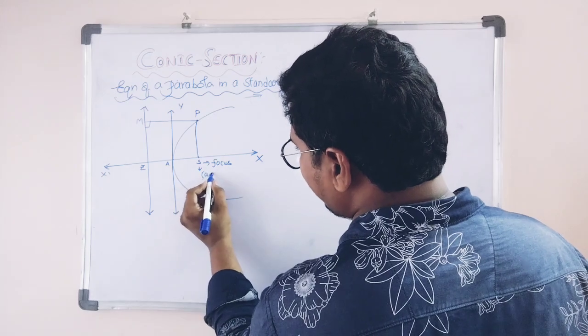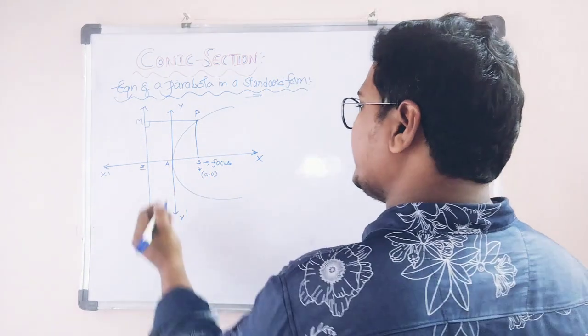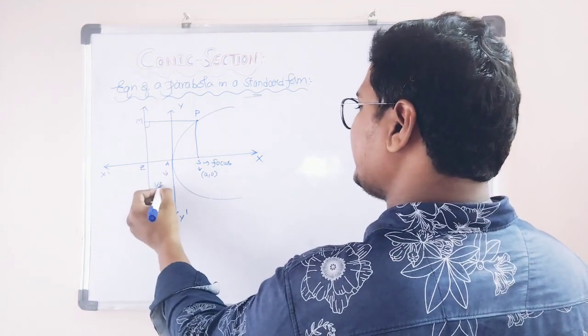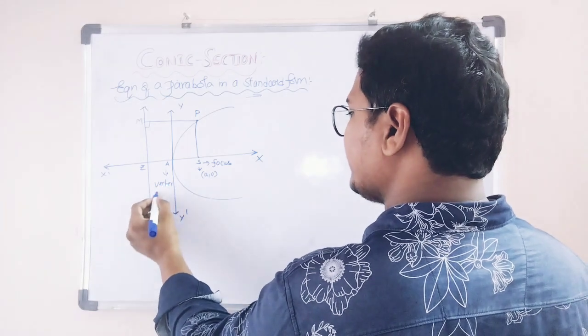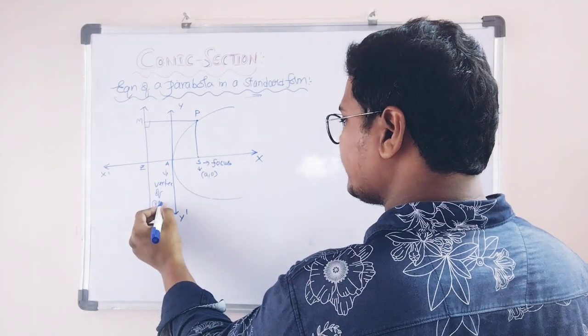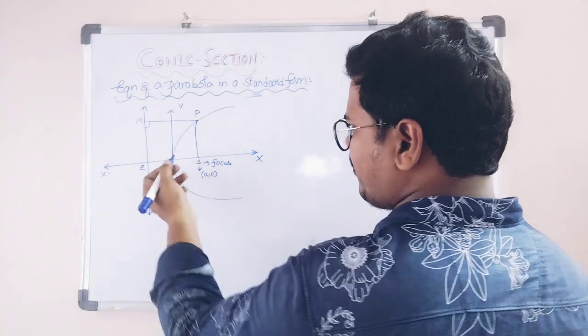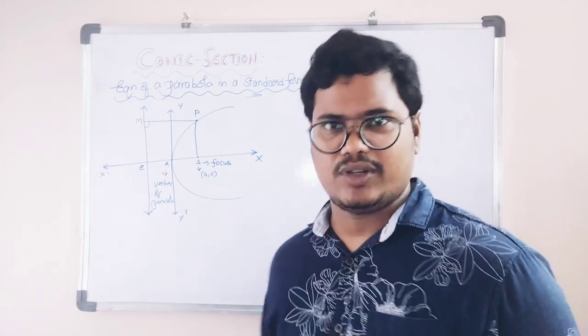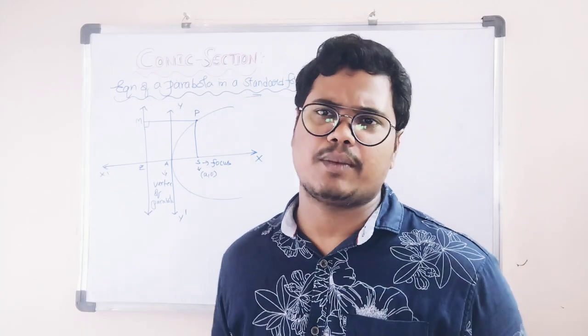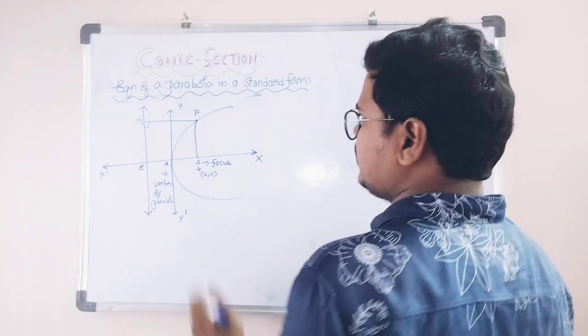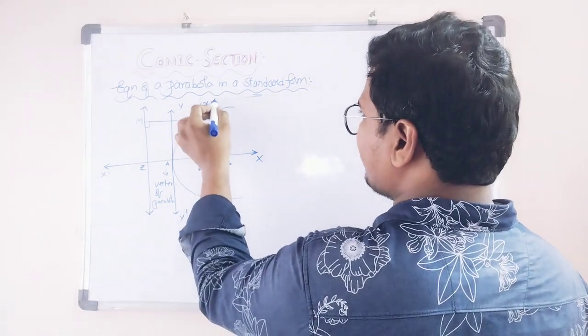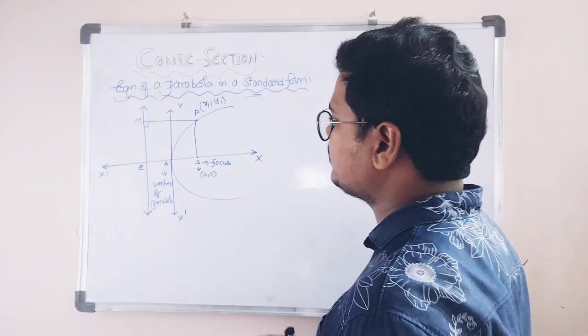I would like to treat it as (a, 0). A is the vertex of the parabola, which is a point that lies on the parabola. And the next, P (x1, y1), I already briefed, is a moving point.